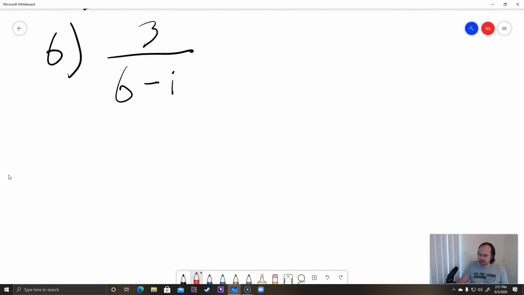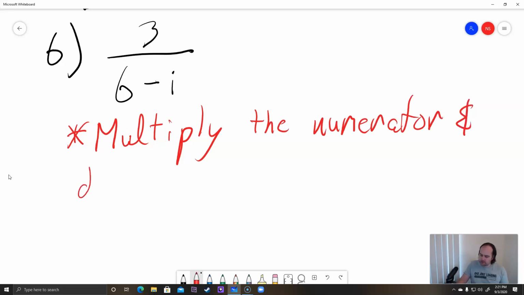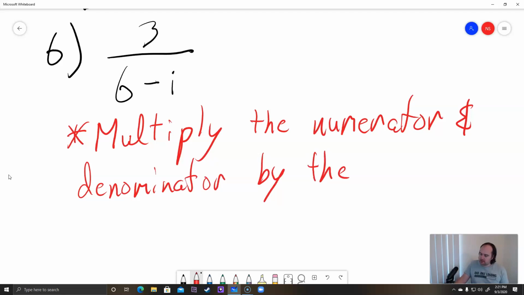So the basic idea is you multiply the top and the bottom, so you multiply the numerator and denominator by the conjugate.